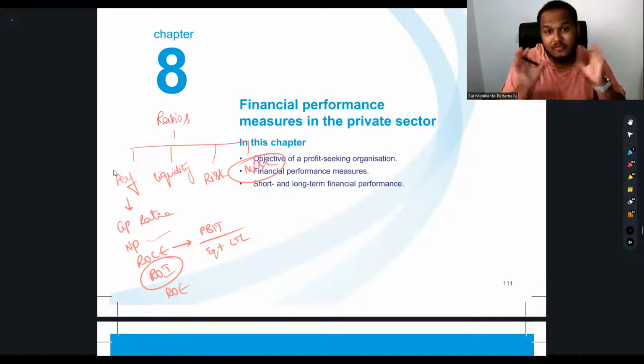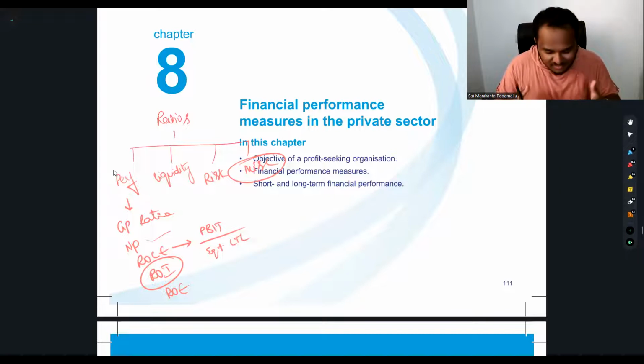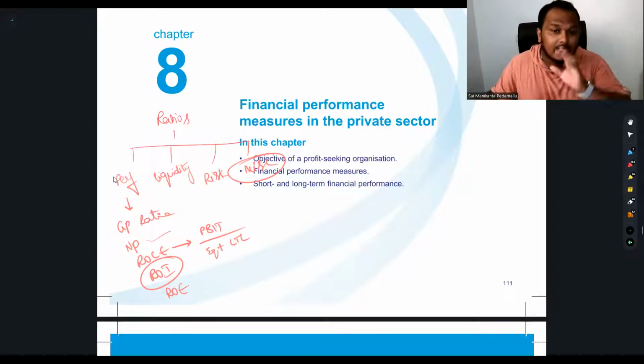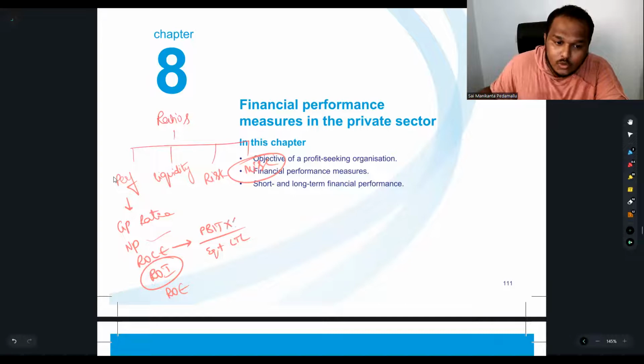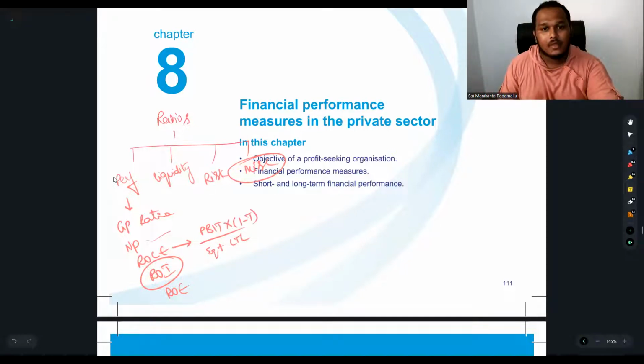So that is profit before interest and taxes. Out of this, we also have to pay taxes to the government. Technically, not for examination purposes, the correct methodology of calculating ROCE would be PBIT into 1 minus tax rate, because taxes are to be paid to the government.